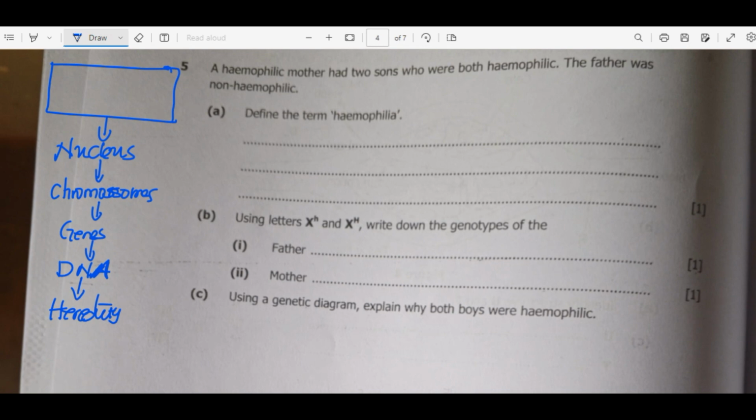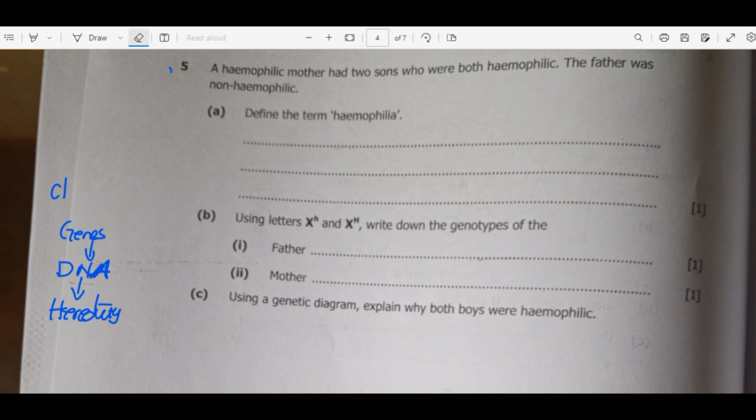Now, since we have at least a sequence of how this is done, let's also look at the chromosome. How is the structure of a chromosome, and why do we focus on chromosomes? Because as we can look at the question, we may have questions that have to do with information about chromosomes. The first one: a complete chromosome is made up of two strands called chromatids.